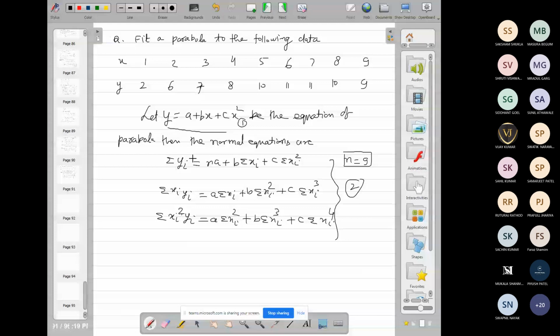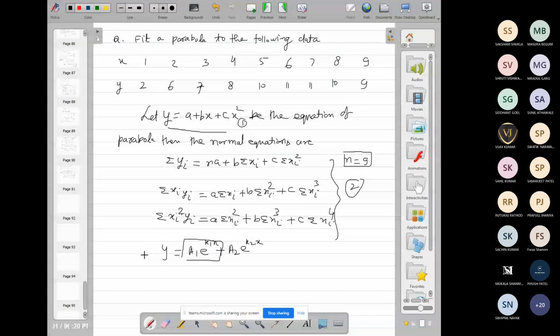One topic is left, which we cannot discuss now, that is the fitting of curve as a sum of exponentials. Suppose for the given data we want to fit the curve a1 e to power k1x plus a2 e to power k2x. If only we want to fit a single exponential, then you can do it as in the previous way.